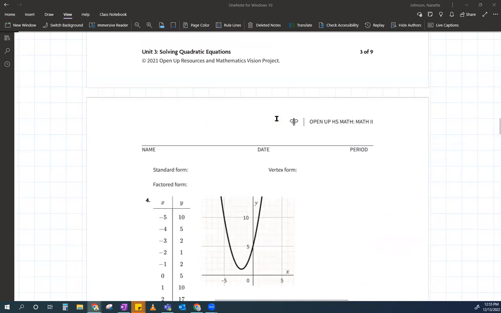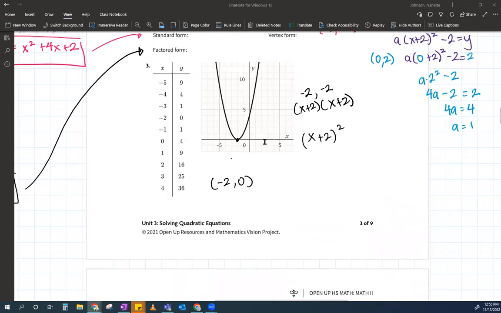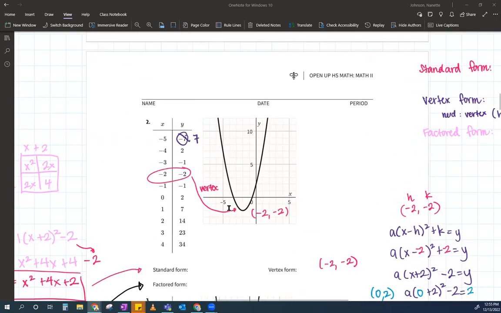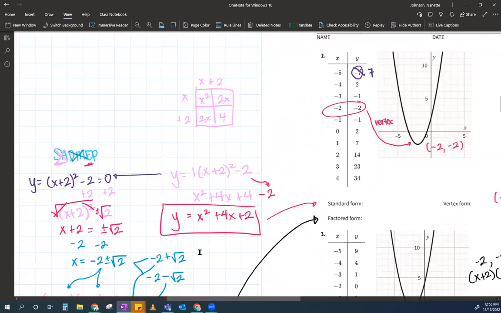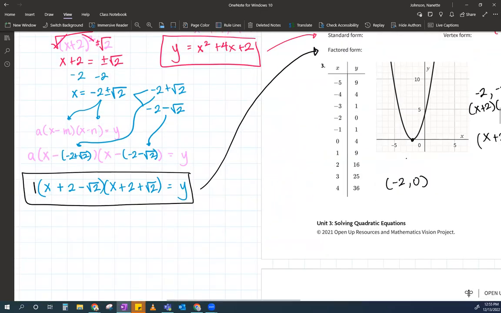So earlier, if this was your intercept, you would write it as x plus 2 up here, because these were your two intercepts. Remember, we wrote it like this. It looks kind of funny, right? So when we're trying to write the factored form for number 4, it looks kind of funny.